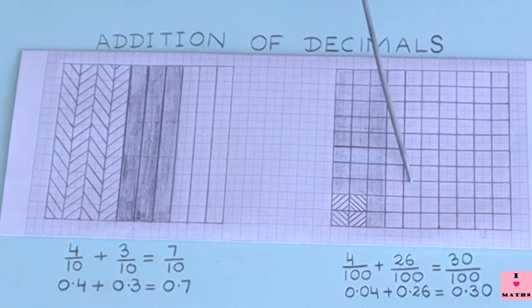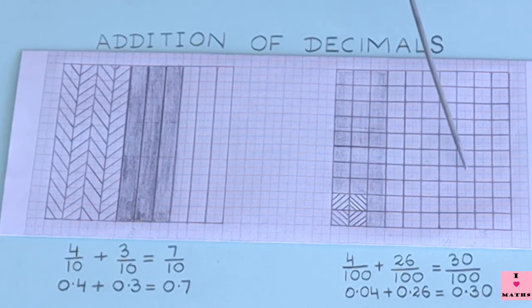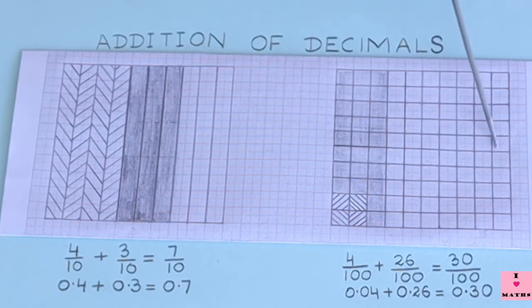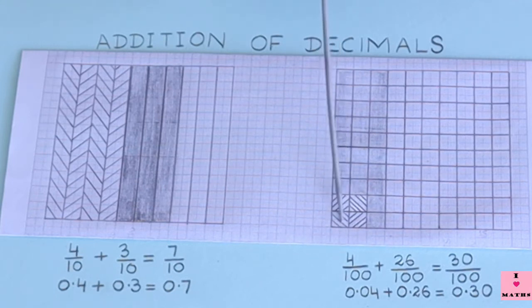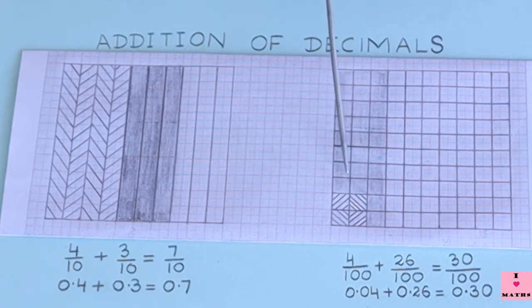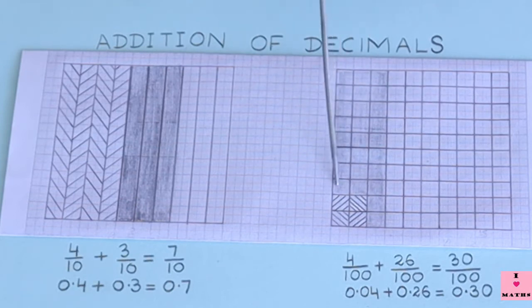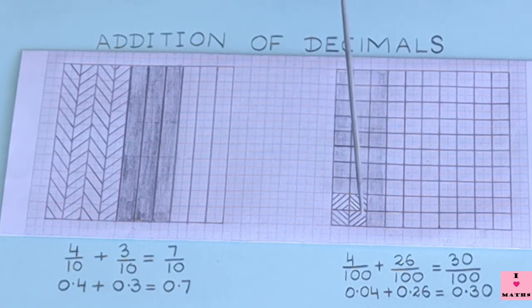Look at this figure. It has been divided into 100 equal parts. Now these 4 parts have been shaded in a different manner. We want to add these 4 parts with these 26 parts. These are 26 parts.